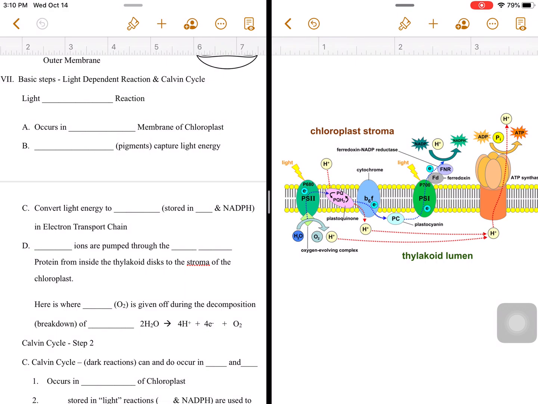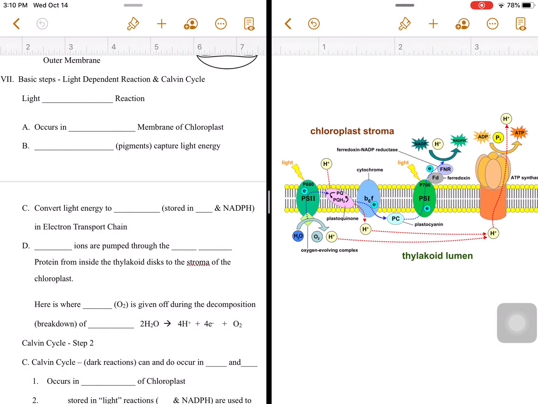And again, the purpose of this reaction is to convert light energy into chemical energy, and it is going to be stored in ATP and NADPH, and it does this through an electron transport chain. So water is going to come in, it's going to break apart, and when it breaks apart, H+ ions or hydrogen ions are pumped through ATP synthase from the inside of the thylakoid discs and out through this ATP synthase into the stroma.